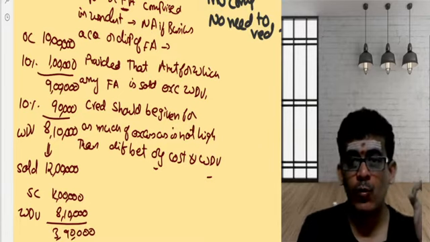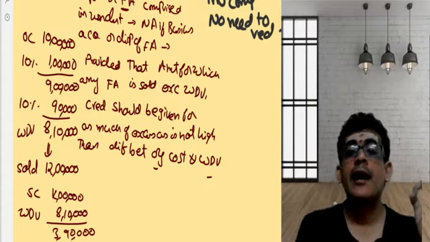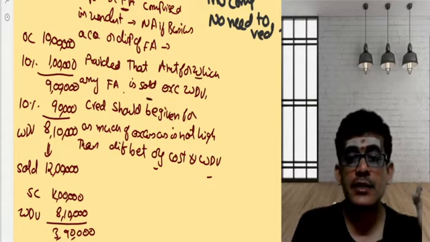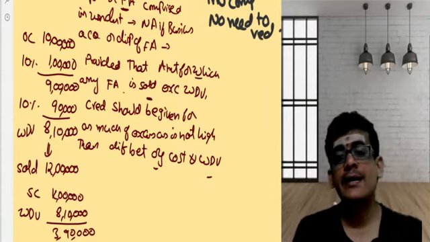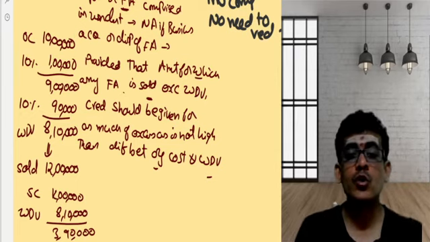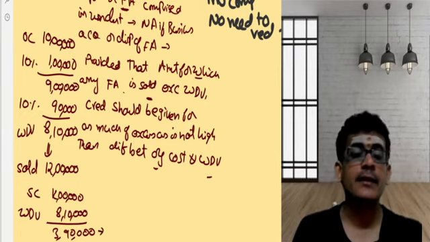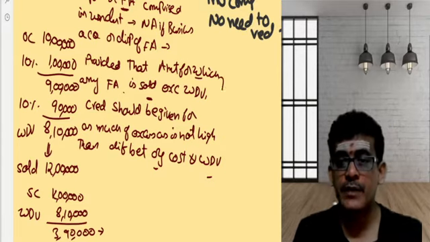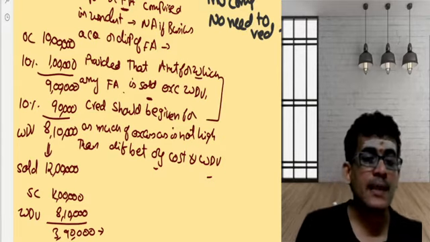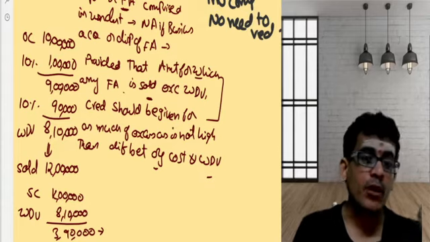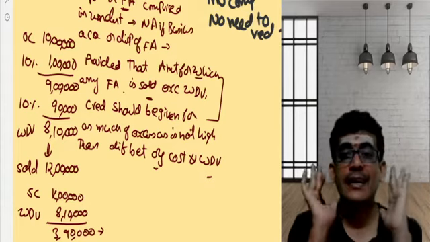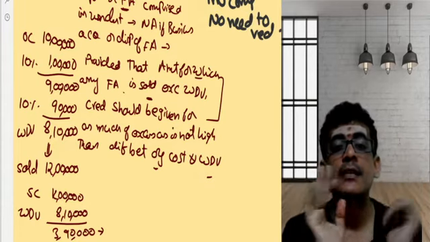That's what he's telling. Provided that the amount for which the asset is sold, the sale consideration, exceeds WDV. So your sale consideration exceeds WDV by 3,90,000. That's the meaning of this. There is a surplus, a profit of 3,90,000. I cannot consider this entire 3,90,000.